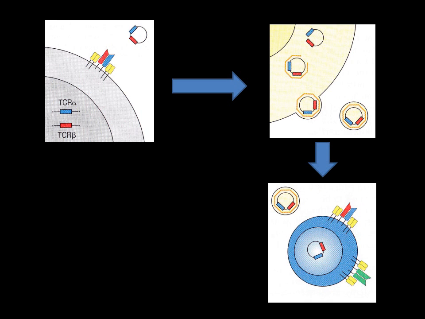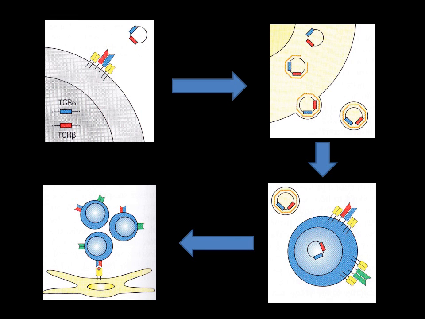The viral particles carrying the specific TCR alpha and beta chain genes infect other T cells and cause them to express a new TCR. The transfused T cells will now recognize the same antigen and can be stimulated to proliferate.